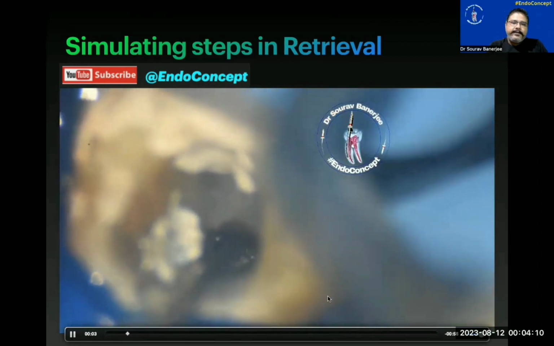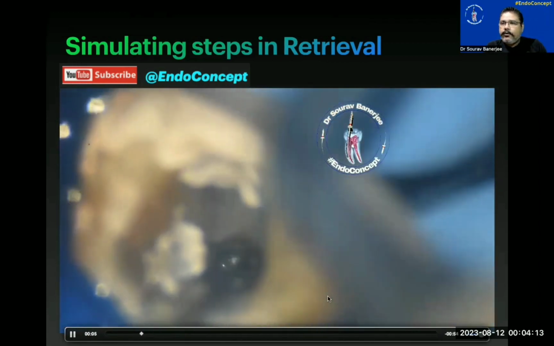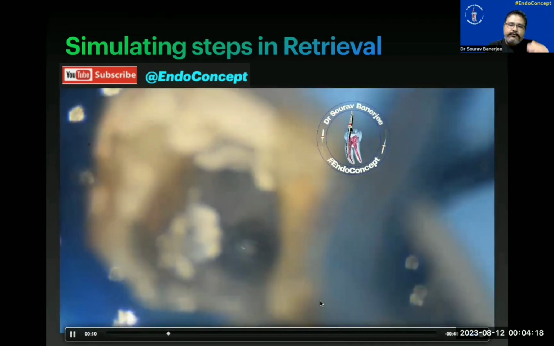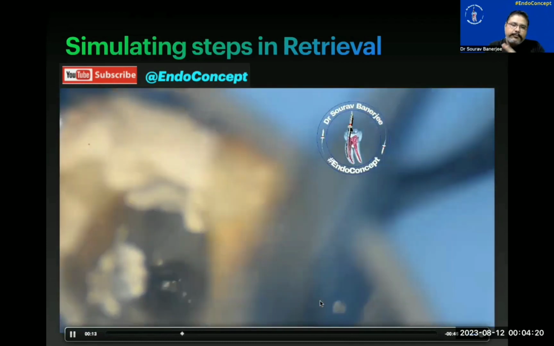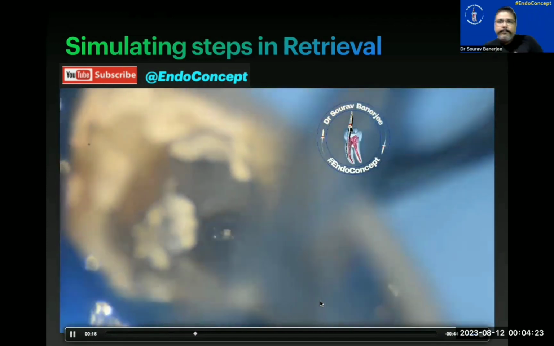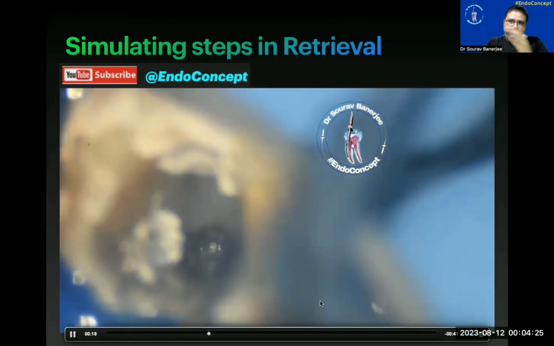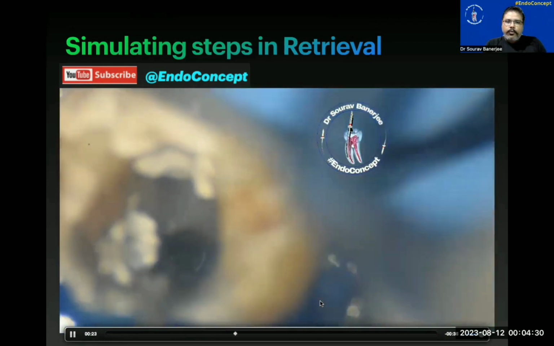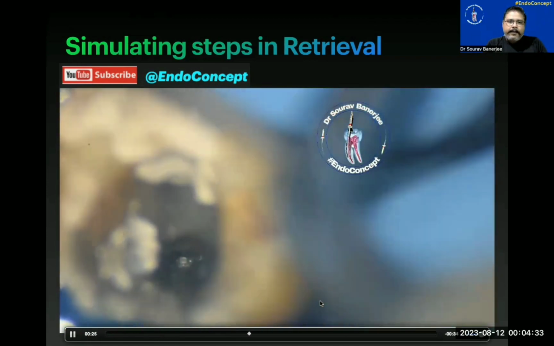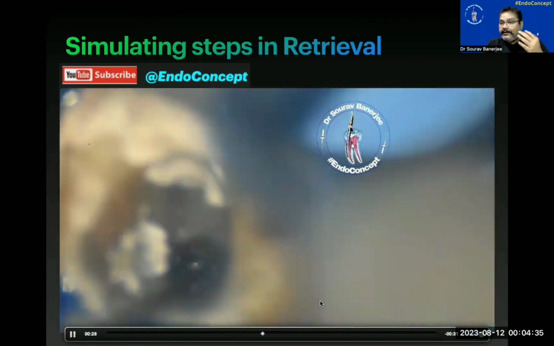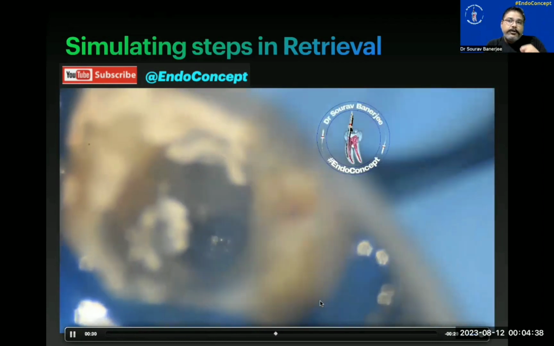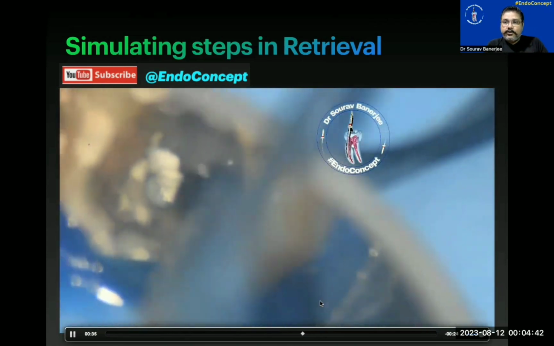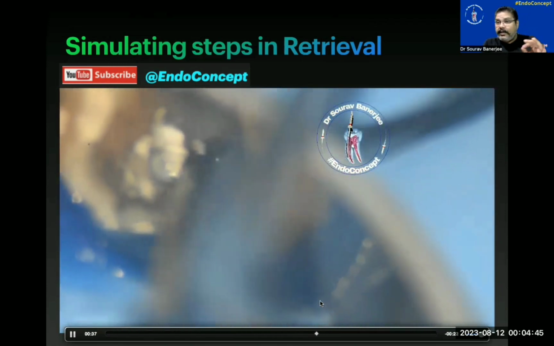What we can see here is we are working on the inner wall with a modified tip, trying to free the instrument from the canal wall, working 180 degrees in a semicircular motion to free it from the inner wall. Once that is achieved, we start the next step. And this is very important: when you are doing the guttering, it has to be in low power mode and in a dry canal.